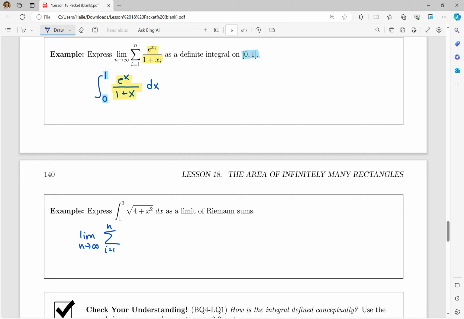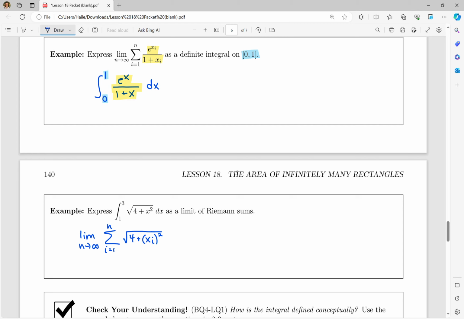Now I want to write my function using x sub i's. So I'm going to have the square root of 4 plus x sub i squared.